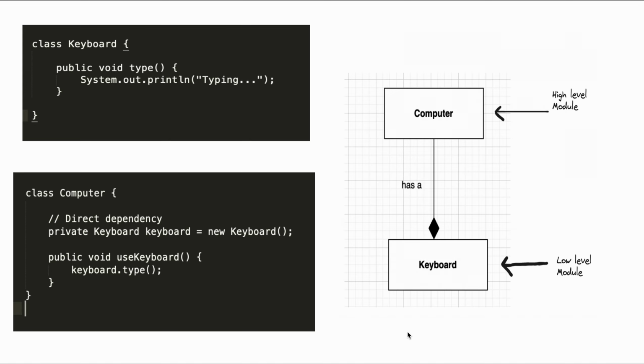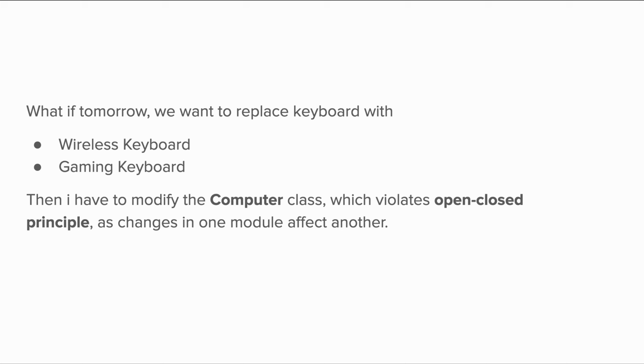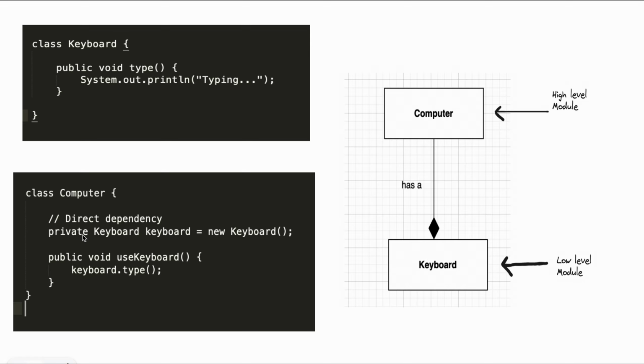Let's assume tomorrow we want to replace keyboard with wireless keyboard or gaming keyboard, right? So in that case, I have to modify the computer class. So I have to go back to the computer class and I have to change this direct dependency.